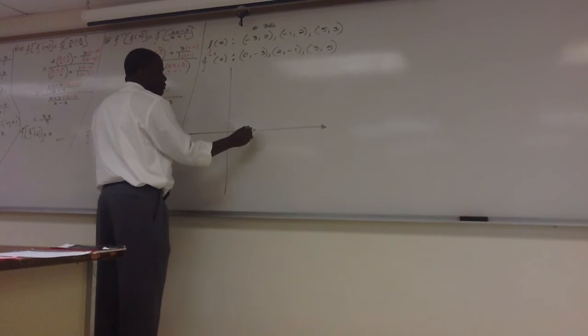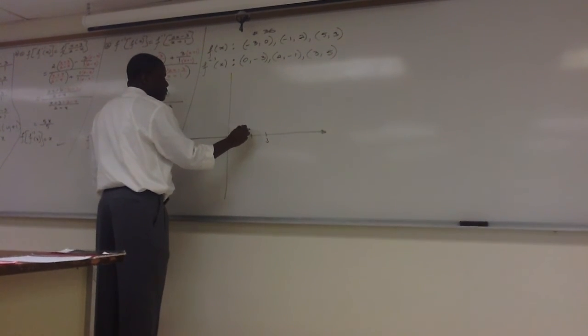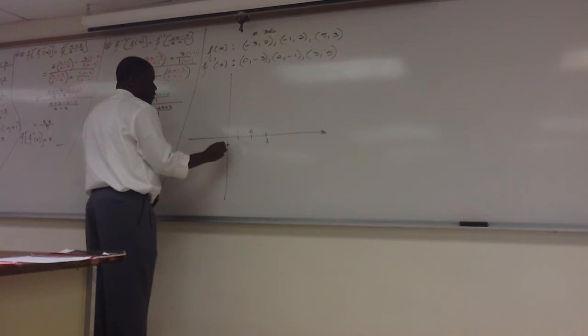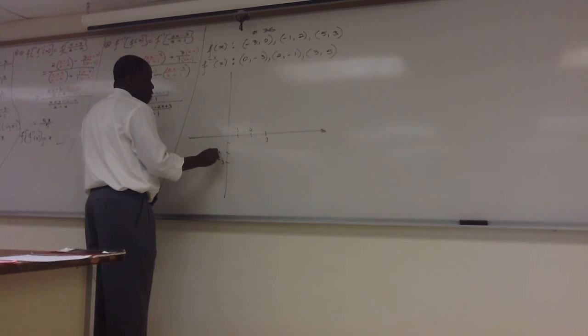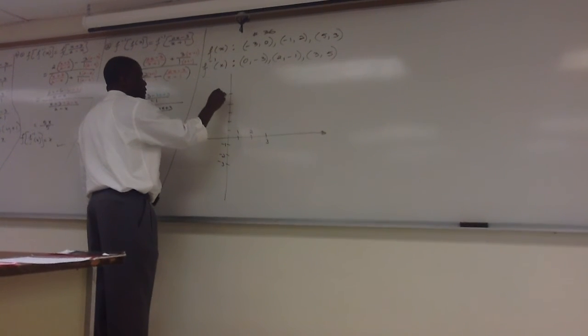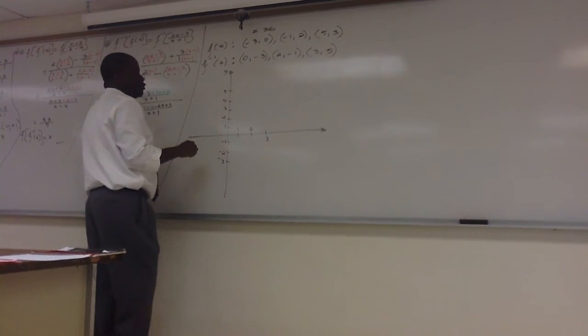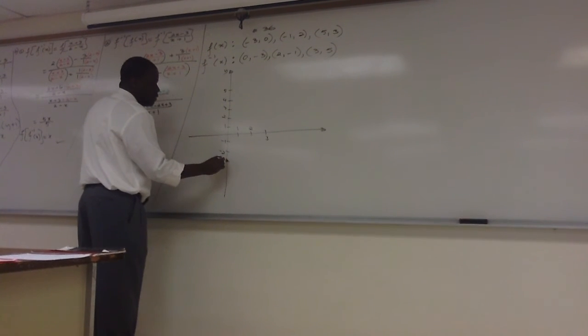We need 1, 2, and 3, and 4, and 5. Okay, first point, 0, negative 3, is this one.